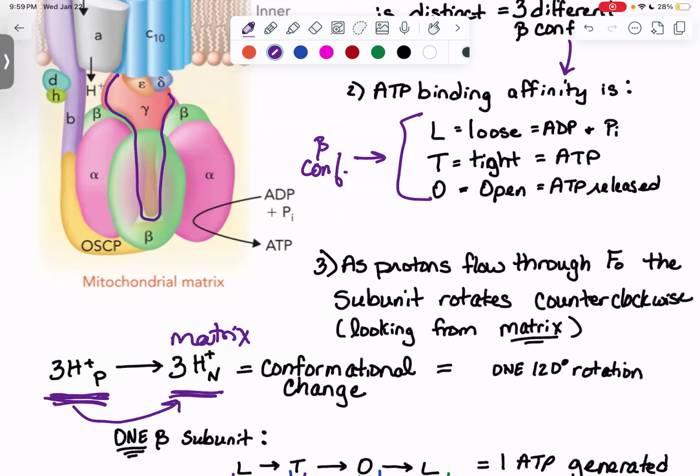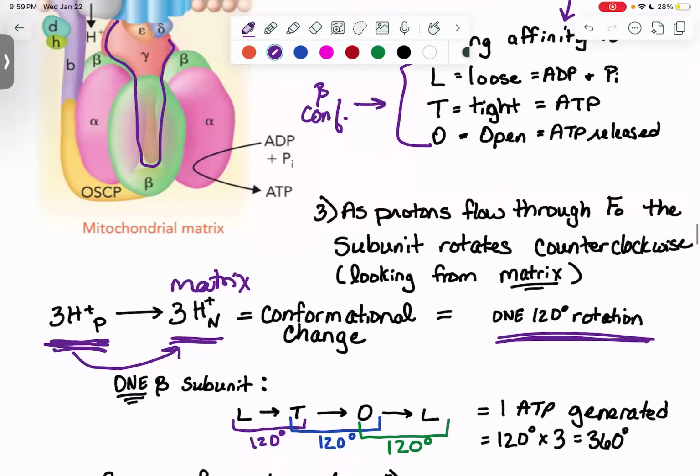That conformational change is a 120-degree rotation. So if we look at just one beta subunit, that first 120-degree turn is going to go from the loose configuration to the tight. Then we go another 120 degrees, we go from tight to open.